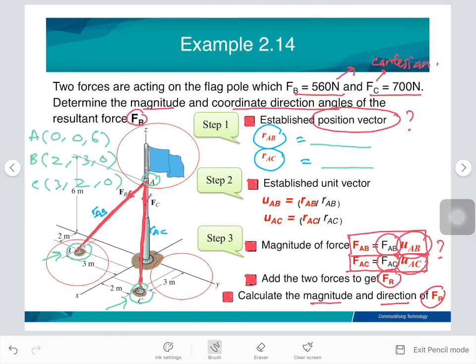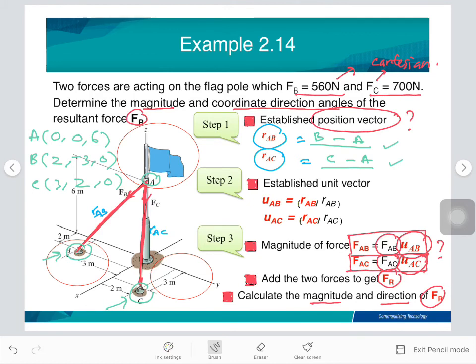RAB is coordinate B minus A, so you solve B minus A. And then the position vector RAC is coordinate C minus A. So you can solve the position vector AB and position vector AC, right?